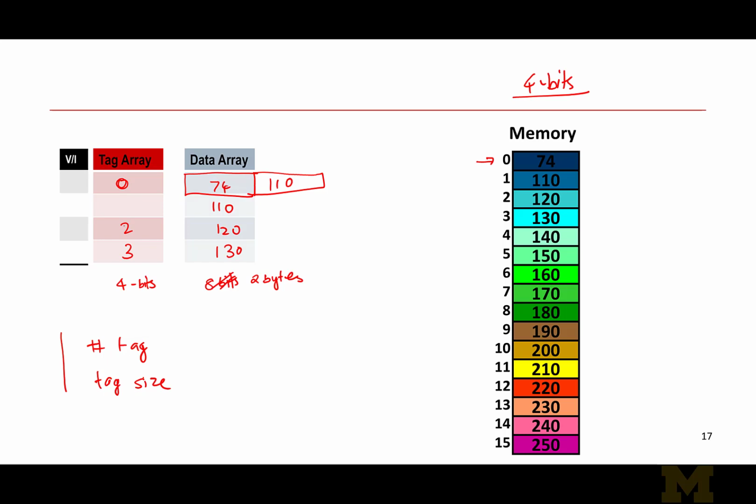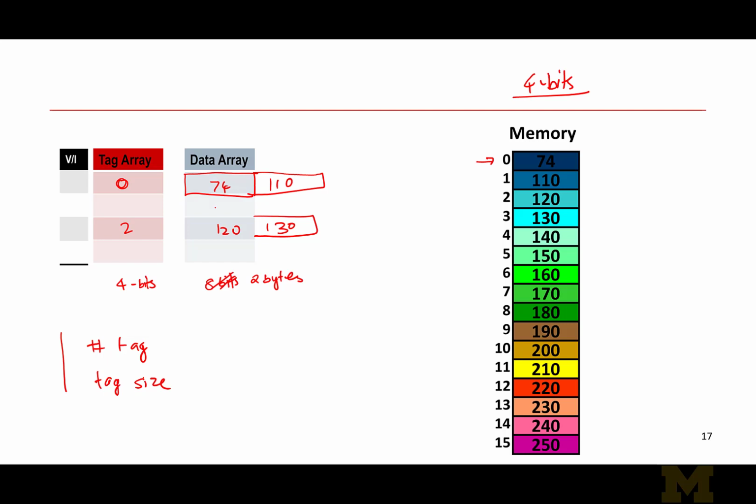So address 2 would store address 2 as well as address 3 along with it. So I don't need to store my address 3 anymore. That goes away. Right? So now you can see that for every tag, I'm able to store twice the amount of information that I was able to store before.